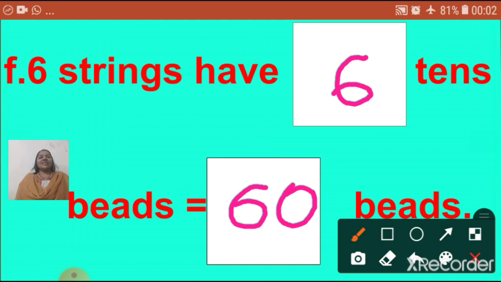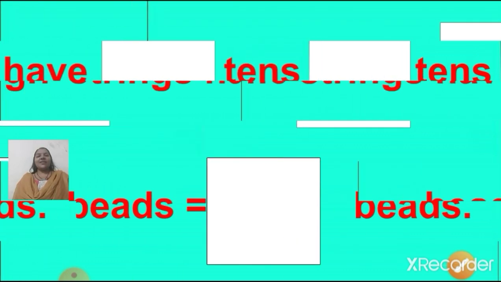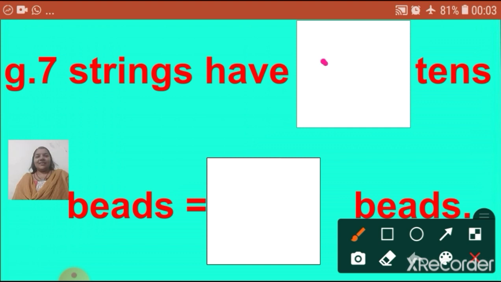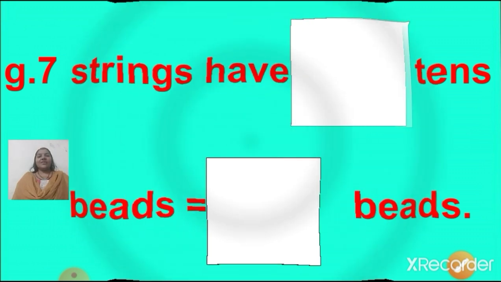So here will come 60 beads. Now see the next question. 7 strings have dash tens, equal to dash beads. So 7 strings have how many tens? Yes, 7 tens. And 7 tens means how many beads? 70 beads. Very good. So here will come 70.